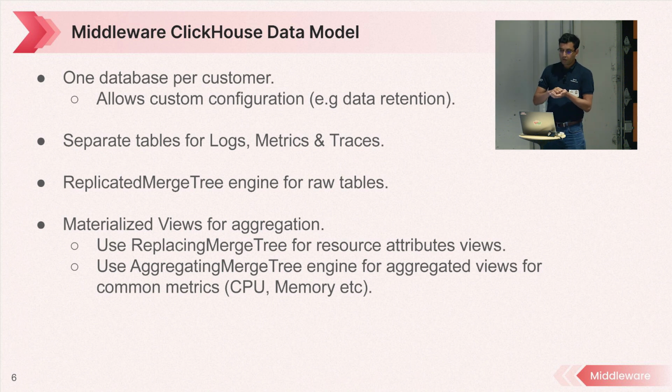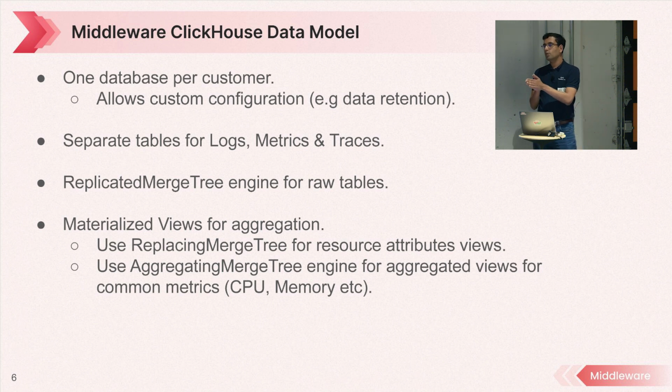We provide you a dashboard so that you can filter based on those metadata. So we have to create a view so that those dashboarding queries are faster. So we create the materialized view for ReplacingMergeTree because we don't want attributes to be duplicated.